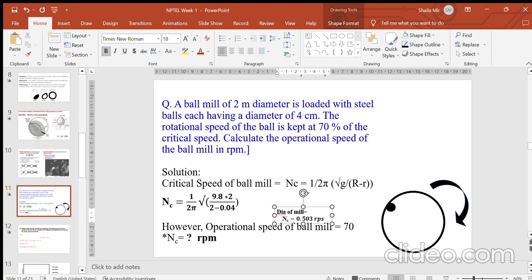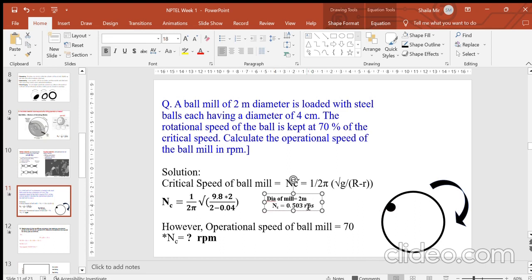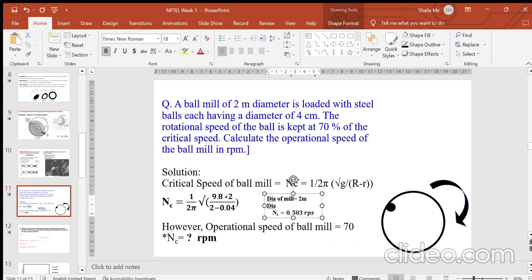So basically what we are trying to do is calculate the critical speed using the given data. We are given the diameter of the mill, that is 2 m, which is the capital R in the formula. Then we are given the diameter of the balls, which is 4 centimeter, converted to meter, so it is now 0.04 m.